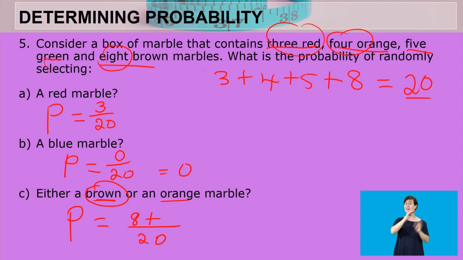We've got 4. So it is actually 12 out of 20. So we are increasing our chances now. So 12 over 20, what is the highest common factor between the two? It's 4. So it's going to be 3 over 5, because 4 goes 3 times into 12 and it goes 5 times into 20.